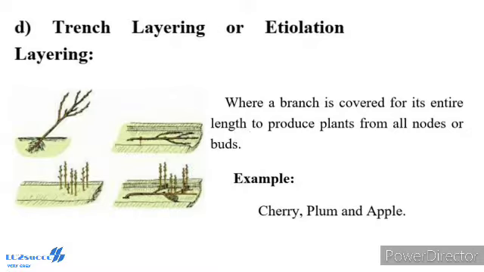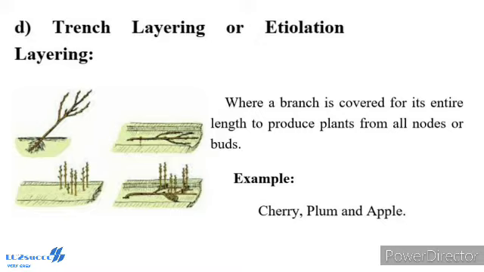Fourth layering, trench layering. Trench layering is a ground layering where a branch is covered for its entire length to produce plants from all nodes or buds. So trench layering is also known as etiolation layering. In this method, a 1 year old plant is planted slantingly at an angle of 30 to 45 degrees.